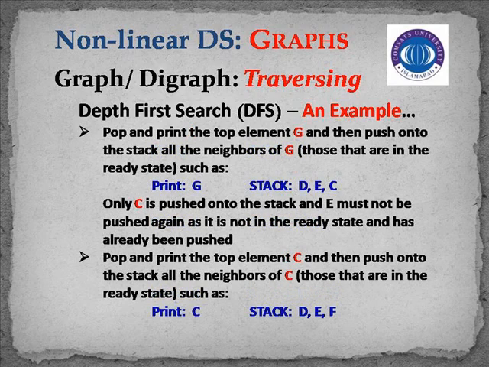Ladies and gentlemen, pop and print the top element G, and then push onto the stack all the neighbors of G that are in the ready state. As you may have noticed, only C is pushed onto the stack, and E must not be pushed again, as it is not in the ready state and it has already been pushed.